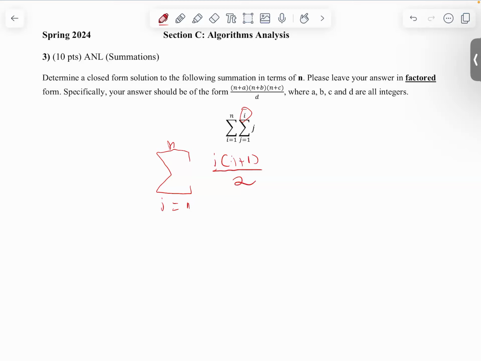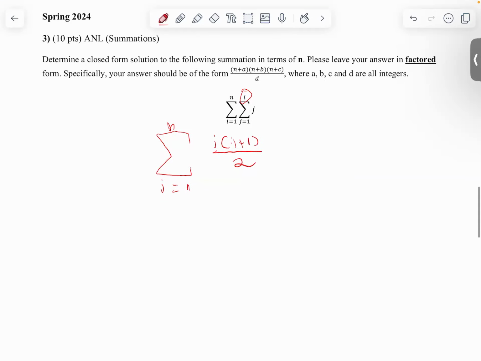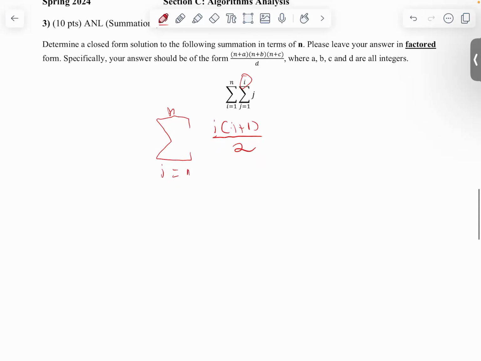All right. And then we can see that our next summation is in terms of i, so we can do it that way. First things first, you can pull out the 1/2, because it is a constant, and then you get 1/2 the summation of i times i plus 1. From here you can split up the summation because you're adding, and first you want to distribute the i to make it easier.